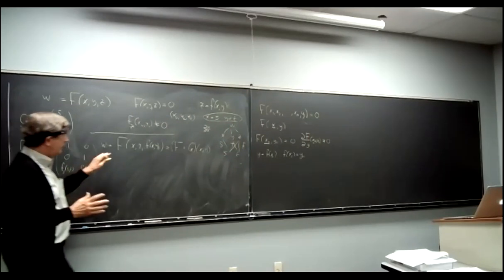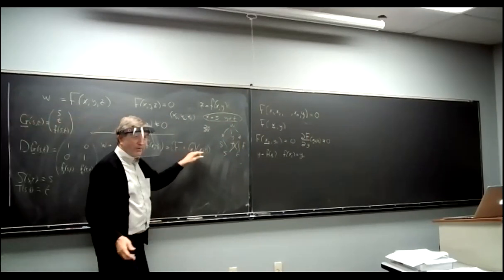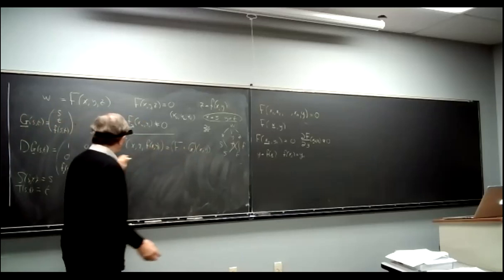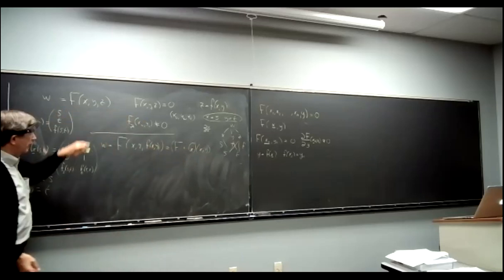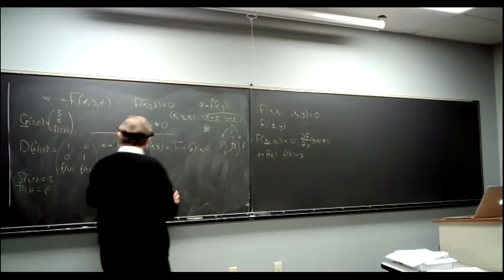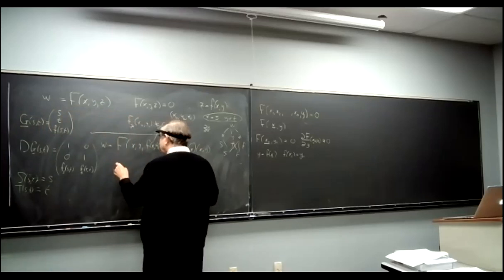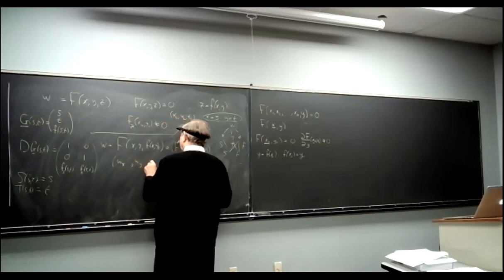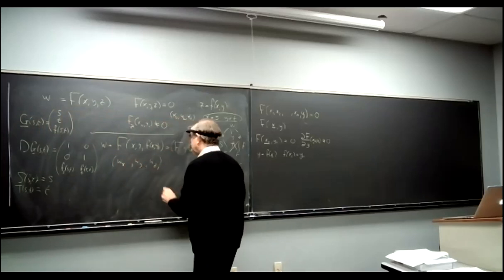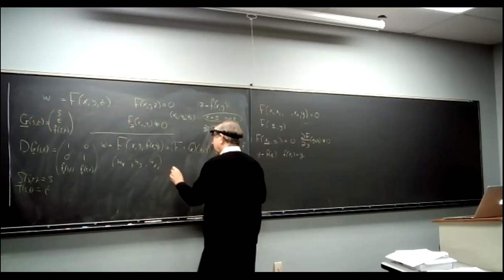So, if I do a chain rule, if I want to differentiate, W is a function of three variables. When I differentiate it, its differential matrix is W sub x, W sub y, and W sub z, because it's for three variables. Okay?